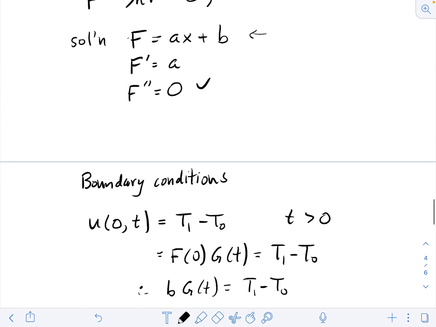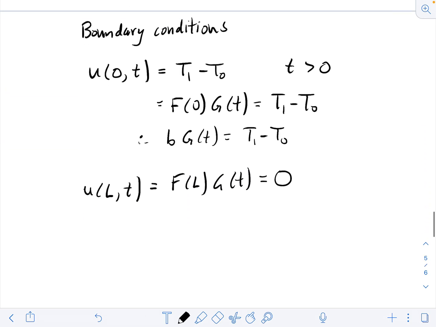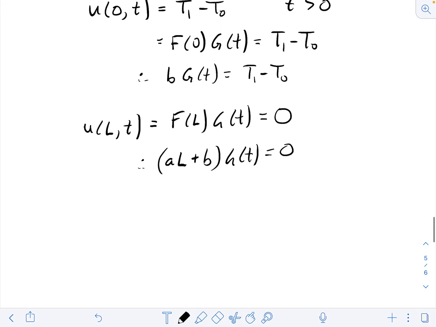Okay, so then we go back to our solution, and we're going to say x equals L, so that we get a times L plus b. So (aL plus b) times g of t is equal to 0, or aL g of t plus b g of t is equal to 0.